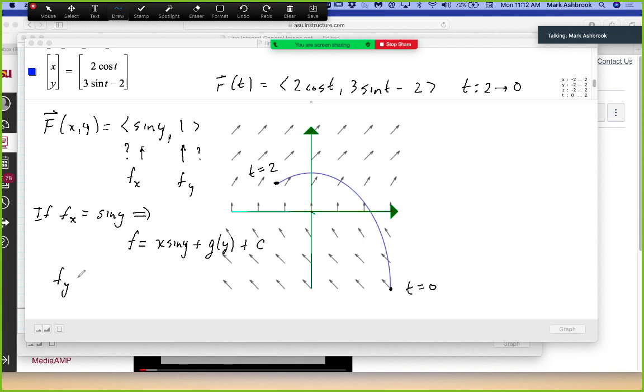If the partial with respect to y is 1, then what does that tell us about the function? Well, then we'd have y plus some function just of x plus c. And the question is, is it possible for these two to be the same function? Can we write one function f that matches both of these perfectly?